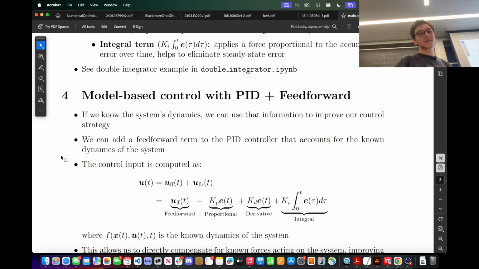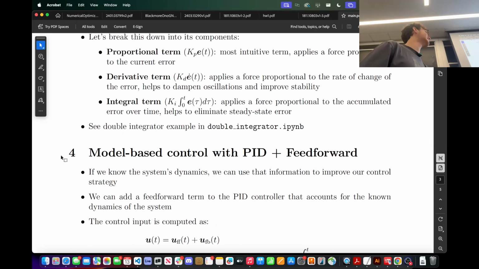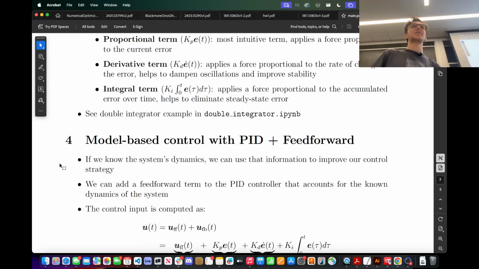Okay, so that's all fine and dandy. But oftentimes we know what the system's dynamics are. We know what the differential equation is that governs how the system works. We can try to use this information in our controller to improve the strategy. So before, in this 1D point mass with gravity, if we knew that gravity was there, right?